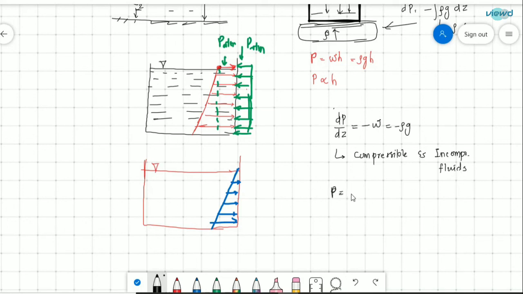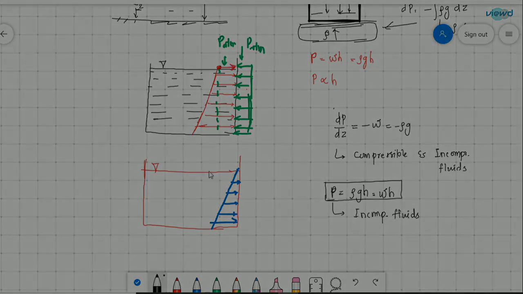And P is equal to rho g h or w h. This is valid for incompressible fluids. So remember this. This is very important. P is equal to rho g h, and we will be using this equation in calculation of pressure in manometers. So that's it for this video.